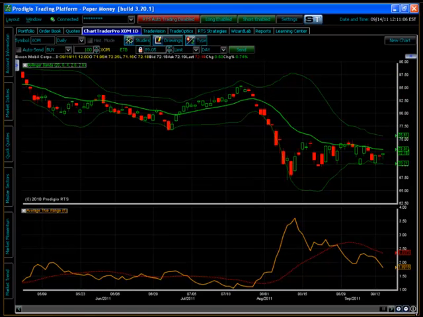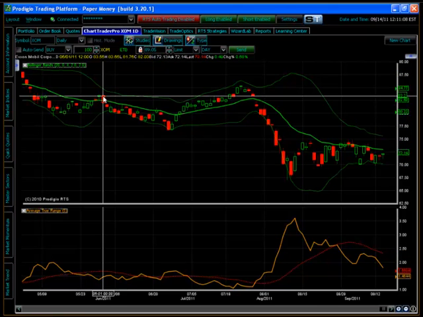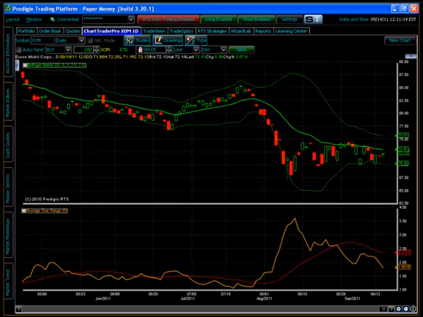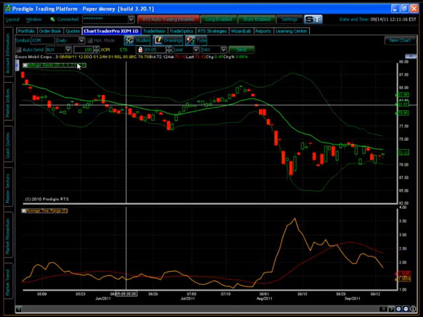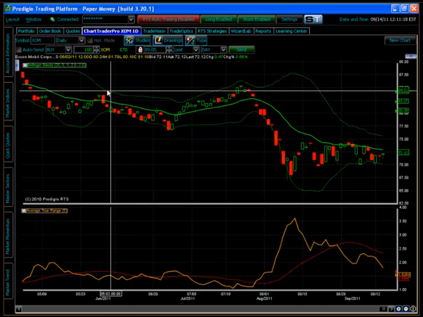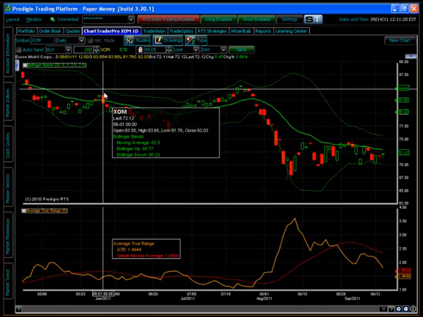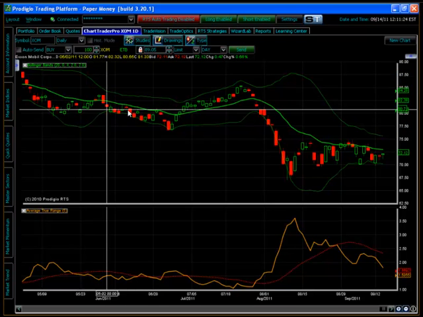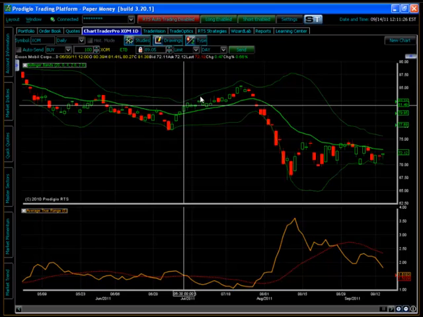And that's generally true in a lot of cases. You'll see during this time period, I have a Bollinger Band offset of 2. And I'll explain specifically what that is. But this offset of 2 makes these bands a little bit loose, a little bit wide. And what that does is it allows more of the price action to fit inside of this band.